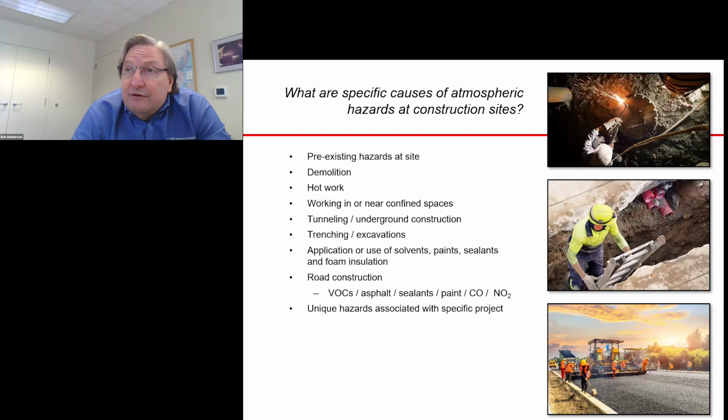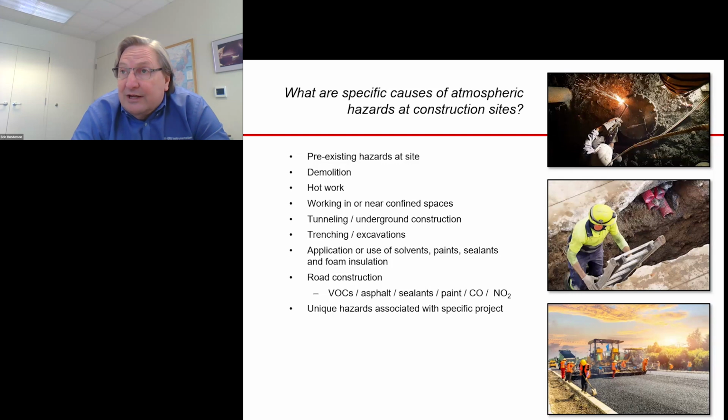And then often, if you have a unique project, you may have unique hazards that are part of that project. If you're manufacturing or constructing a line of tanks as part of a metal processing dip tank line, cyanide, other acids might be a special consideration.